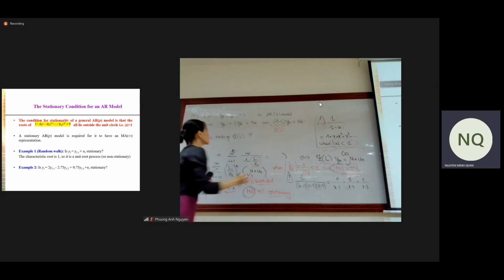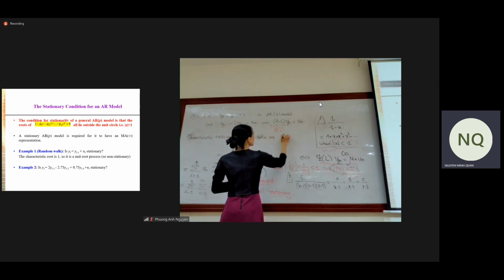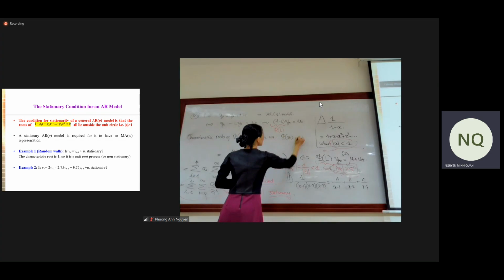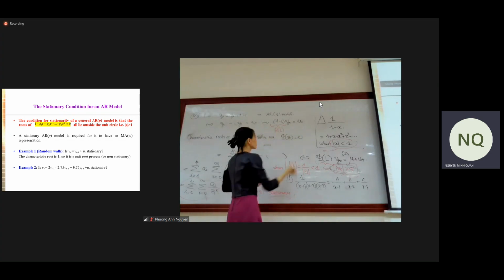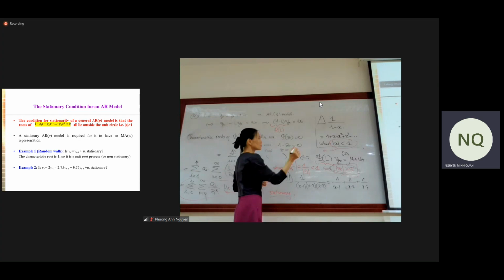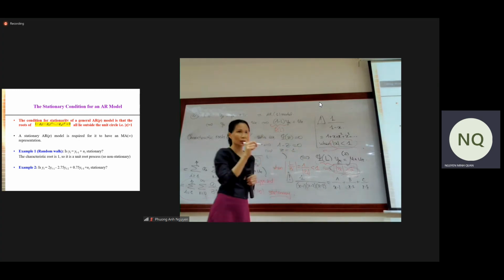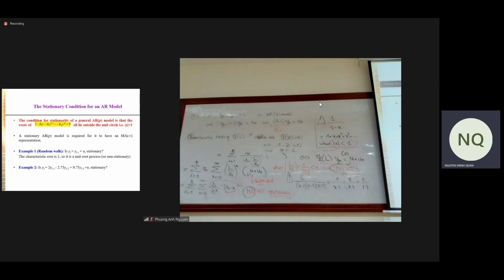How to get them? You just solve the equation phi(z) equals 0. We know that phi(L) equals 1 minus L, so phi(z) equals 1 minus z, which is 0. So we get z equals 1. We get only one characteristic root, which is equal to 1.